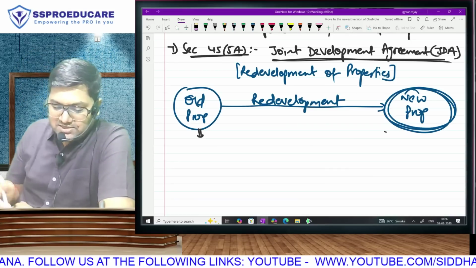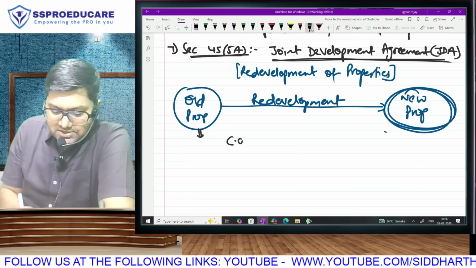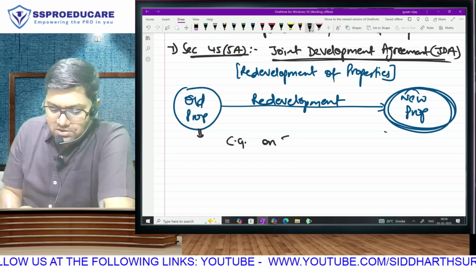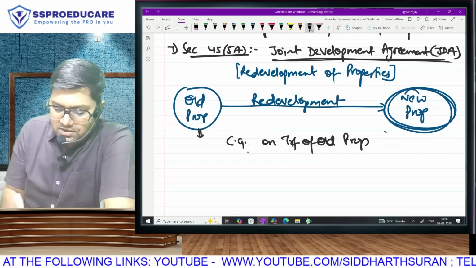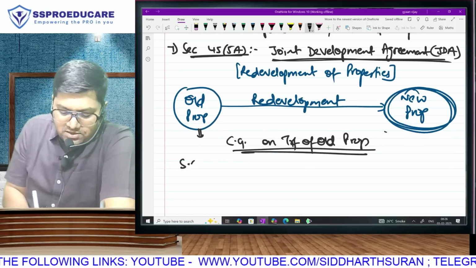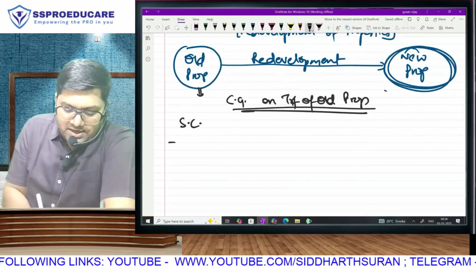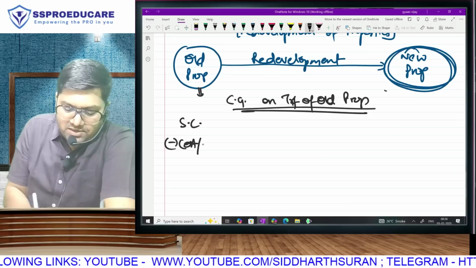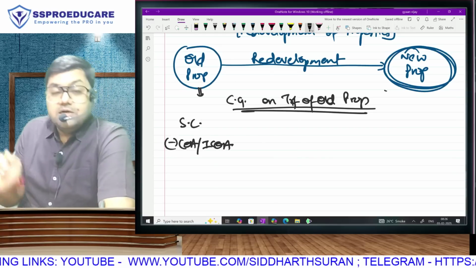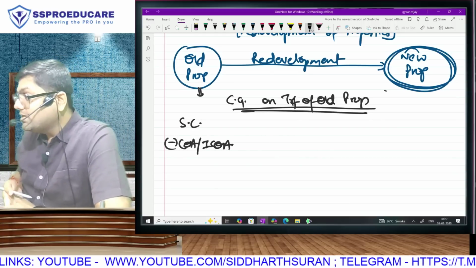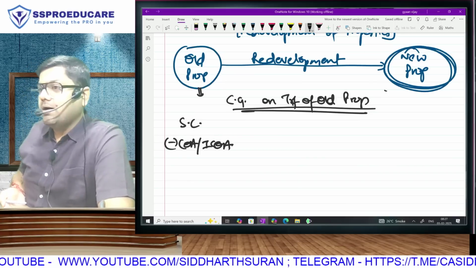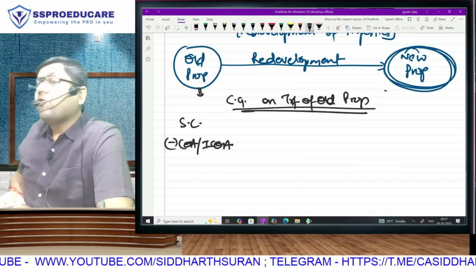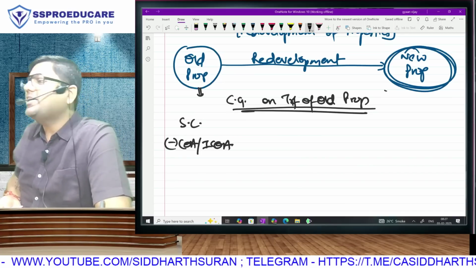That means what is this transaction? This is basically going to be considered as capital gain on transfer of your old property, where we have to take sale consideration minus, sir, cost or indexed cost, what can be the case? Till 22 July, it can be indexed cost. From 23rd July, it will be cost, but for tax calculation purposes, there may be indexed cost.